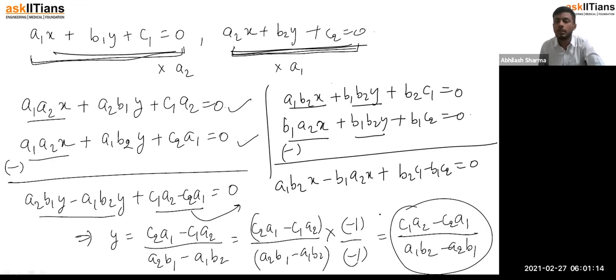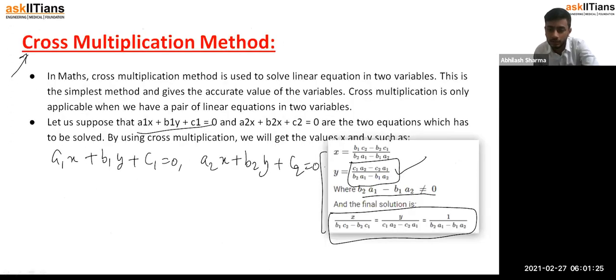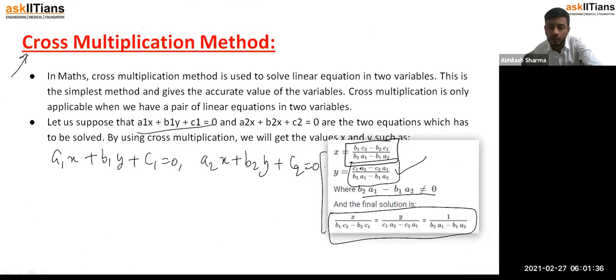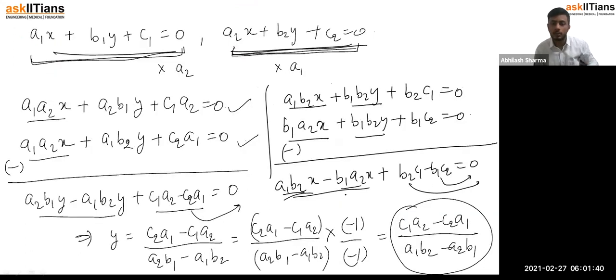Now, from this equation, if you take x common, finally you will obtain this value, b1c2 minus b2c1 divided by a1b2 minus b1a2. That's what we are obtaining as well.